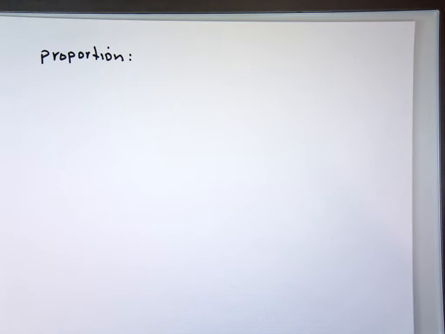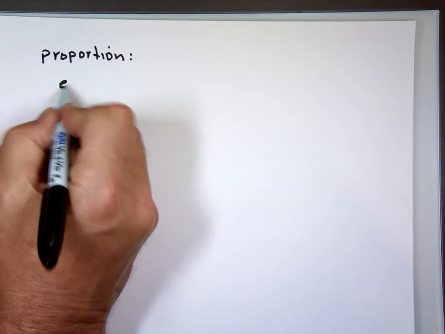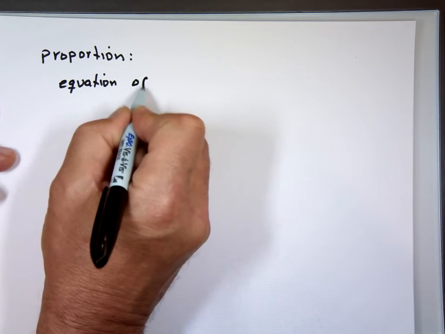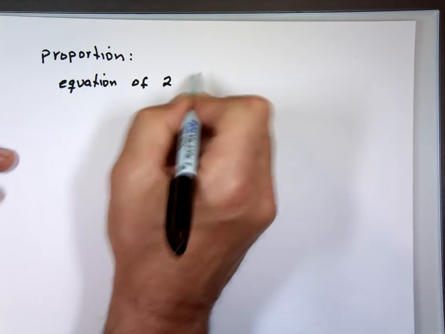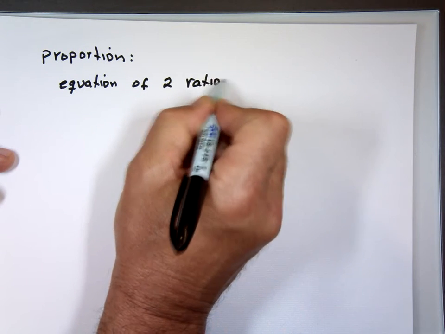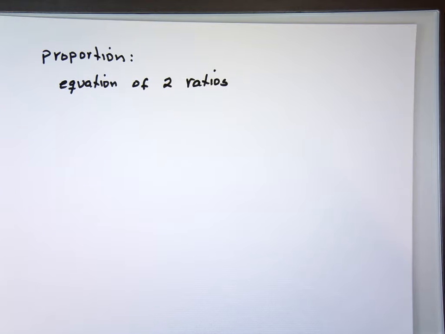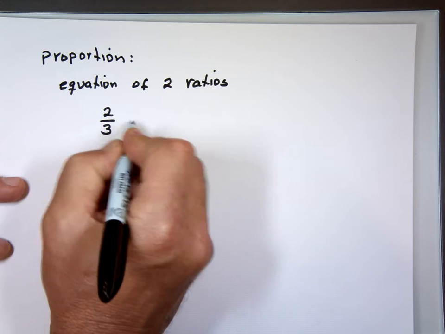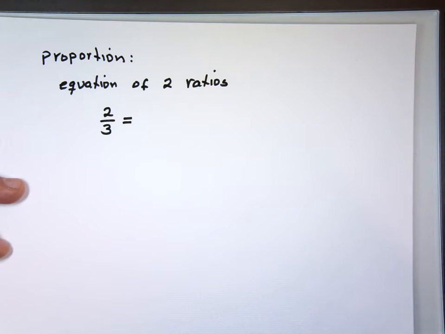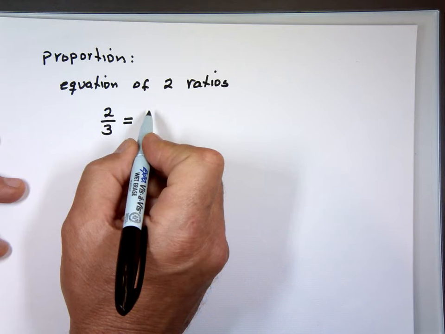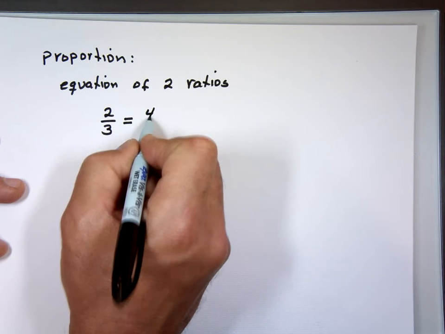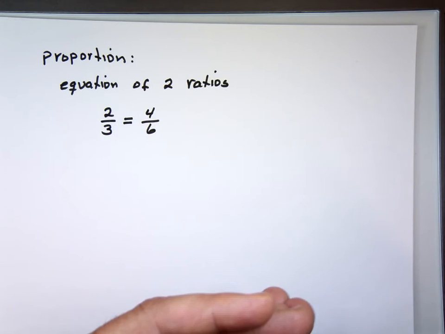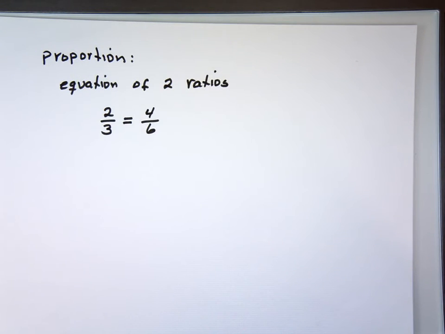So an equation of two ratios. So for example, I might write 2 over 3 equals 4 over 6. That's an equation. It has a left side, a right side. It has a ratio on this end, a ratio on that end.